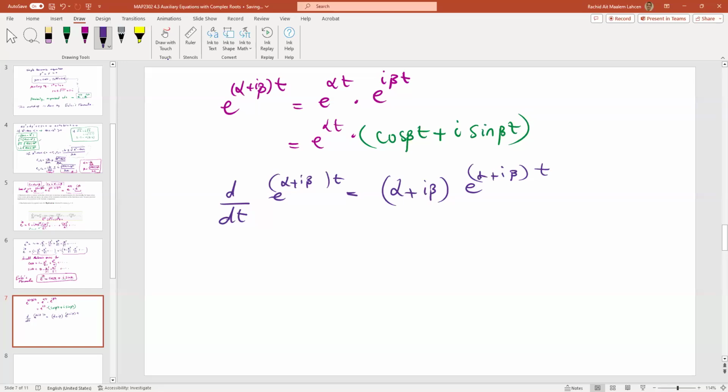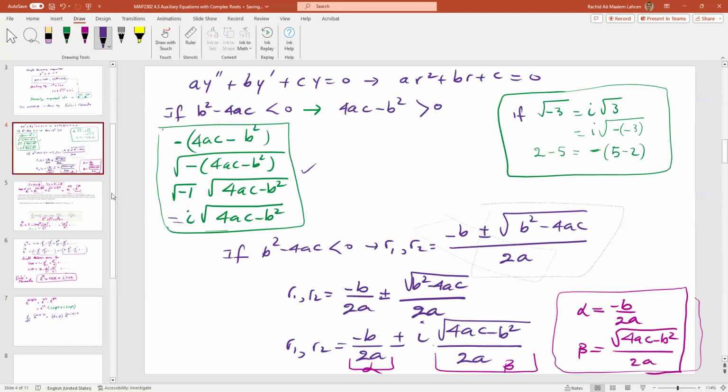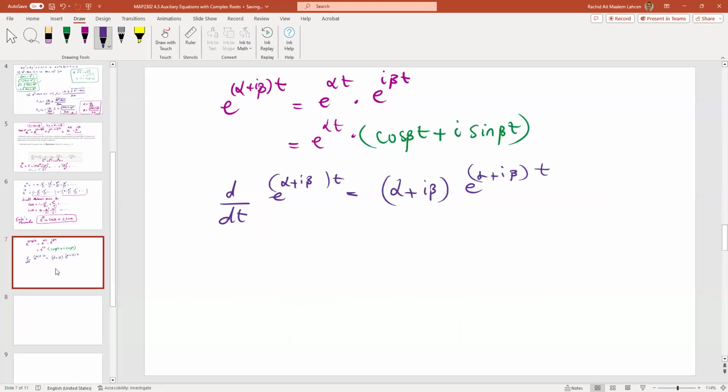And with the choices of alpha and beta, as of course given in this equation, remember alpha and beta here, yeah, they are, right? Then this complex function here is indeed a solution to the equation.